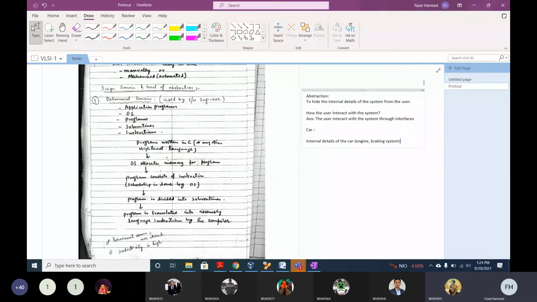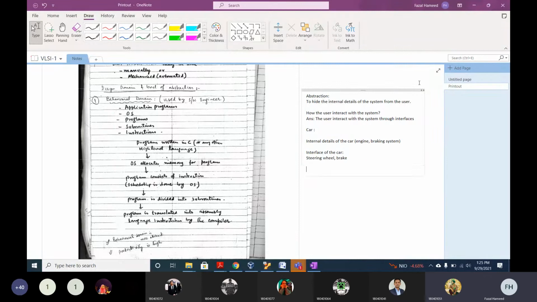So these are the internal details. What are the interfaces for the car? Steering wheel, brake pedal, accelerator pedal. These are the interfaces with which you interface with the car. So the basic advantage of abstraction is to hide the internal details of the system, and the user interacts with the system through the interfaces.